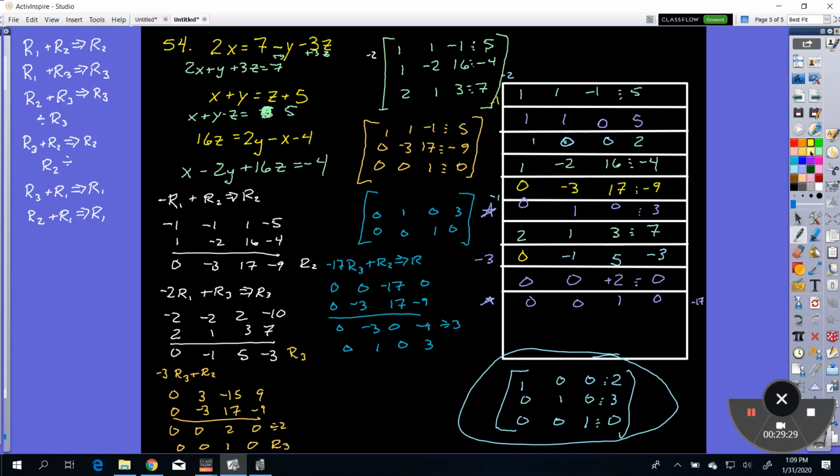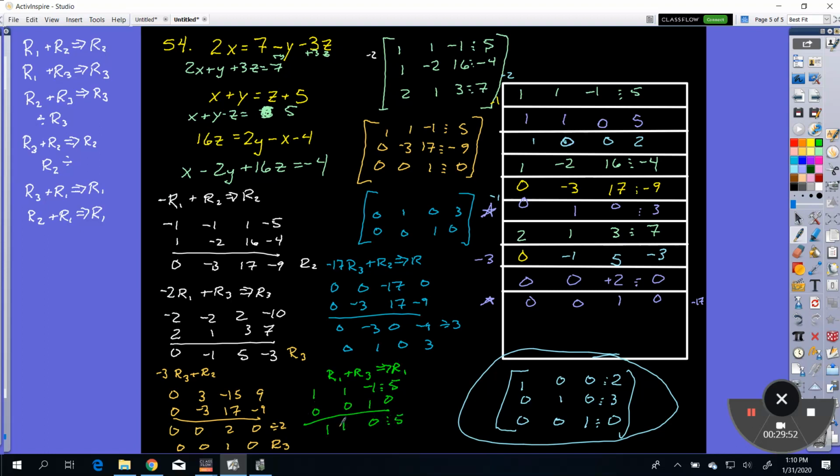So now I look at the top row. The top row has this negative 1. I want it to go away, so I just add that to the bottom row. So row 1 plus row 3, and that's going to make a new row 1. So row 1 is 1, 1, negative 1, 5. Add that to the bottom row, 0, 0, 1, 0. That's 1, 1, 0, 5.